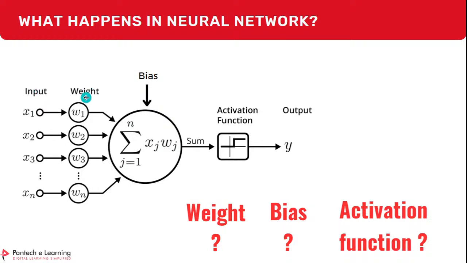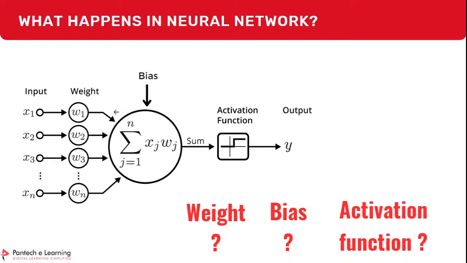Let us consider a scenario. Please be ready to answer this question in the chat box. If my input is 1 and I multiply it with 0.2, what will be my output? Input is 1, multiplied by the weightage 0.2, so obviously the output from this operation will be 0.2.